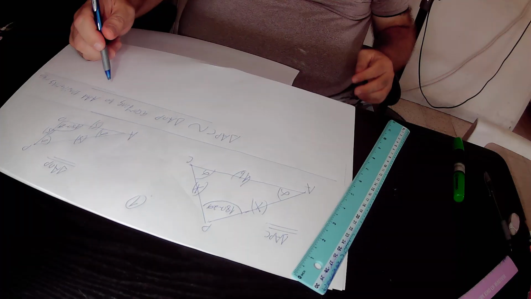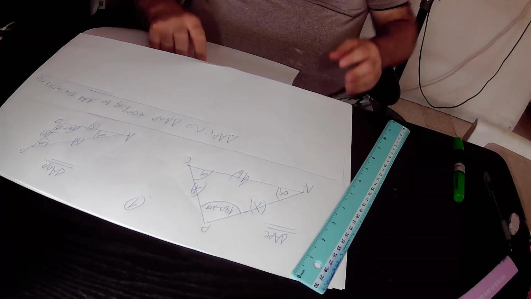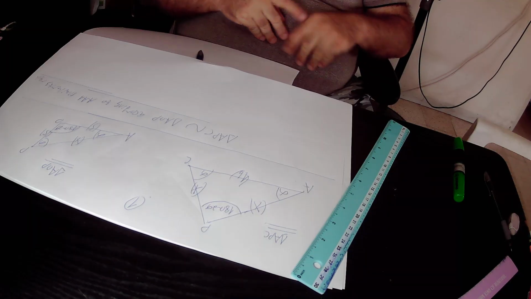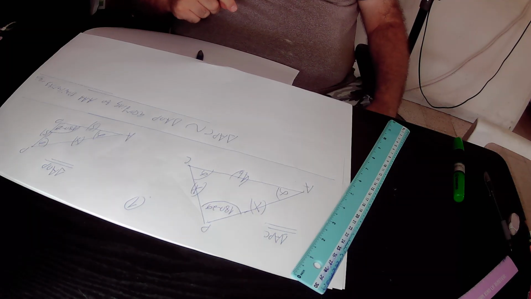And from the fact that those two triangles are similar to each other, we derive that the following relationship exists between their sides.